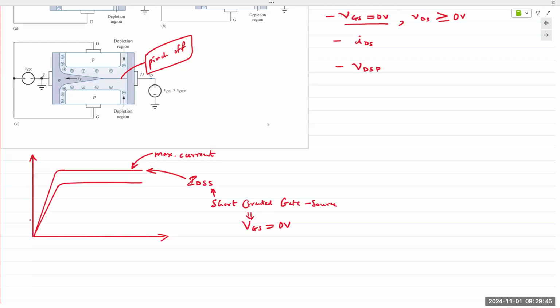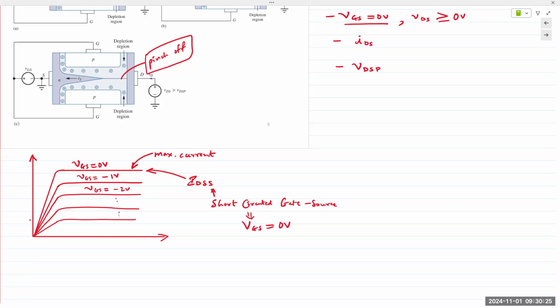So for increasingly negative voltage, this is VGS 0. This is, well, let's just put negative 1 volt. We just keep things simple. We obtain a set of curves, and with increasing negative gate voltage, that current is reduced.